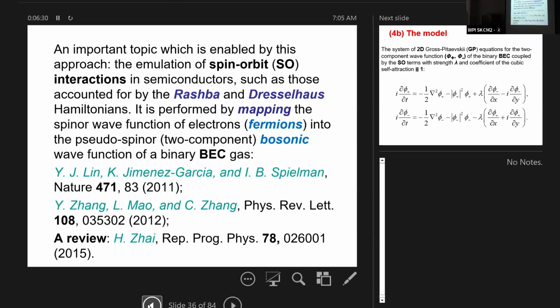So, as I said already, it's possible to demonstrate that one can design an optical illumination of this condensate so that the Hamiltonian, due to the interaction of this optical field with atoms, will be essentially the same as the Hamiltonian which accounts for the spin-orbit interaction in actual semiconductors.